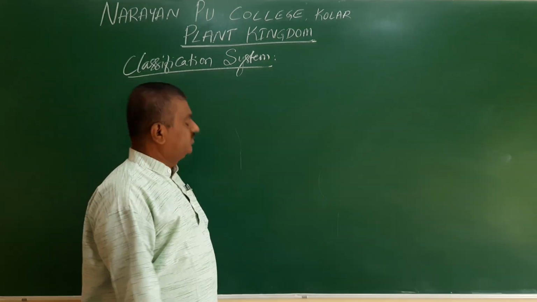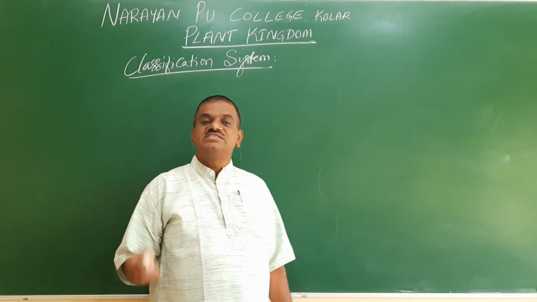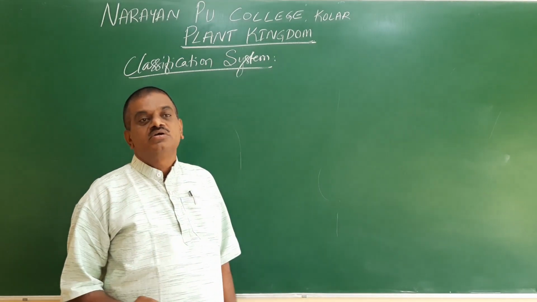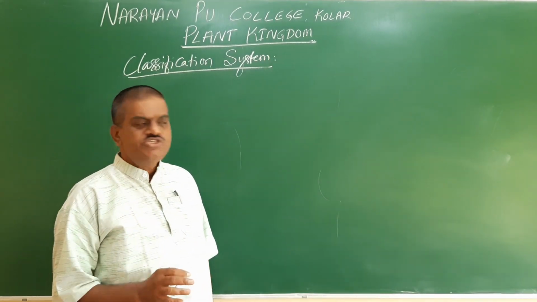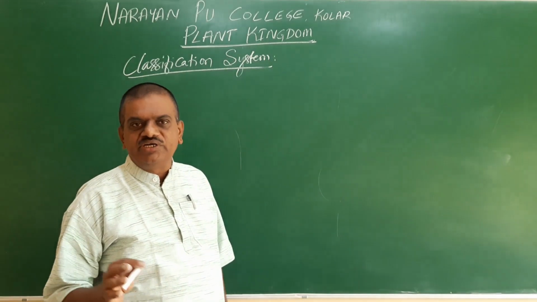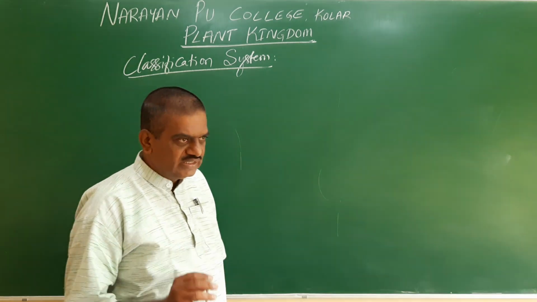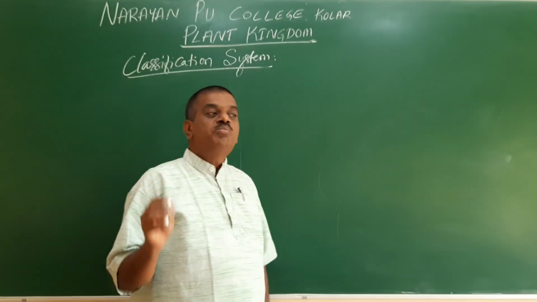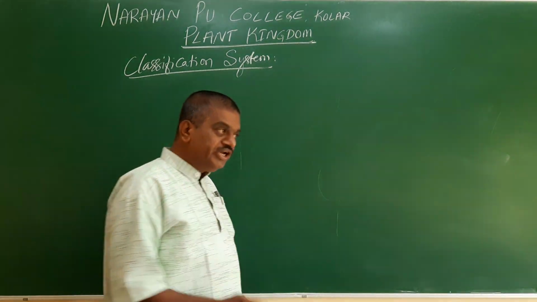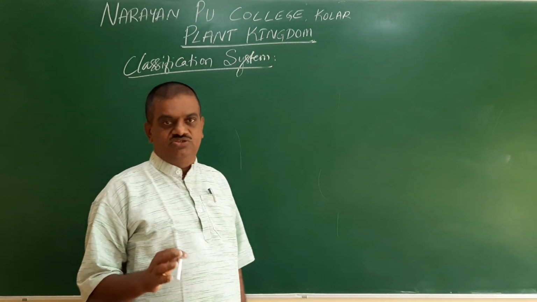So we'll start with the next study called system of classification. We know that all the living organisms are included under 5 kingdoms. But based on the system of classification, there are 4 types of classification.